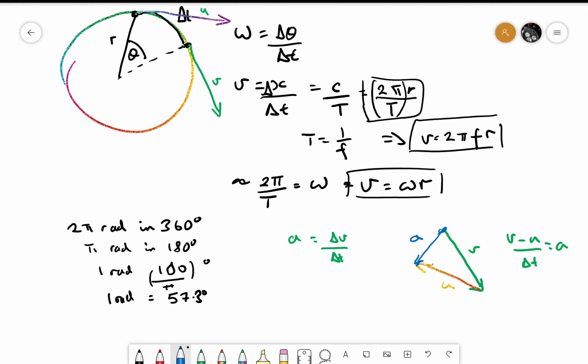And if you look at that compared with this, you see that it is towards the center of the circle. So acceleration acts towards the center of the circle. Now something that acts towards the center is called centripetal. So this is our centripetal acceleration.